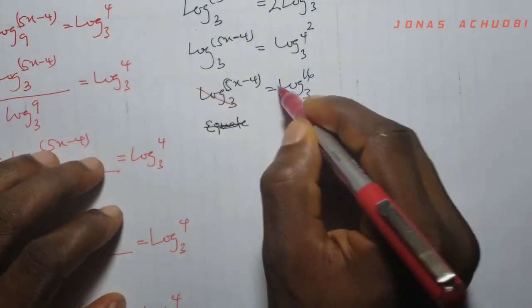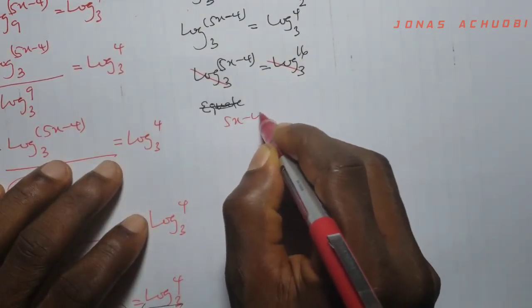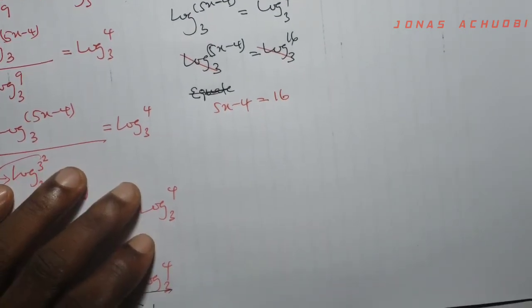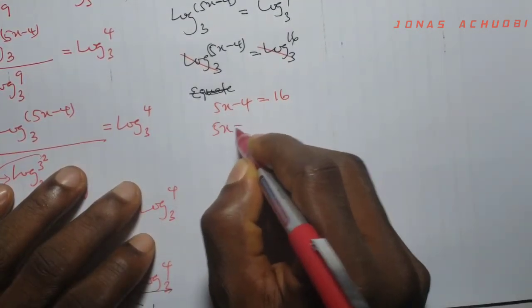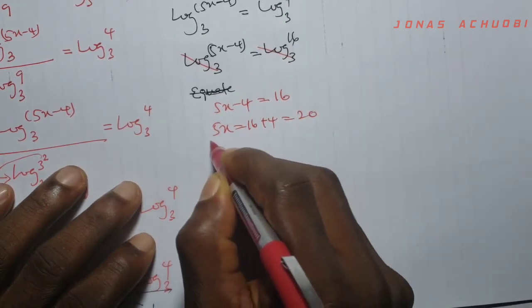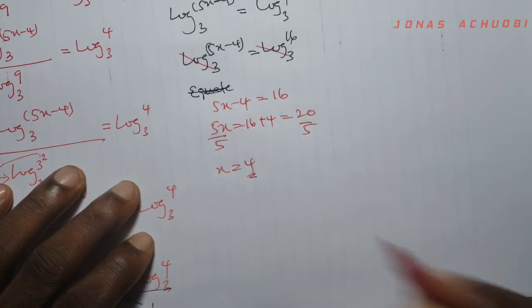Since the logs are now the same, I can cancel them, and I now have 5x minus 4 is equal to 16. Now solve for x. 5x is equal to 16 plus 4, and that is 20. If you divide both sides by 5, you get that x is equal to 4.